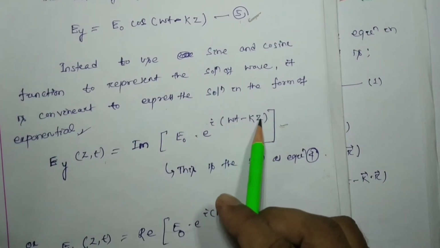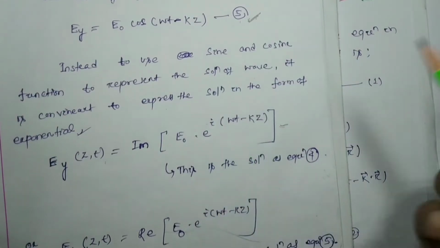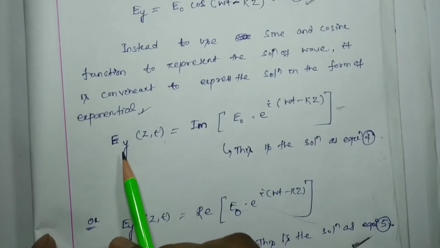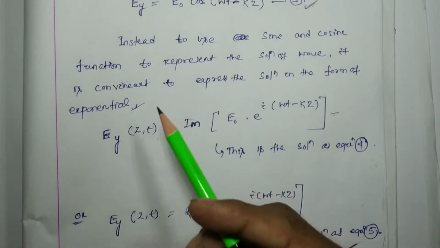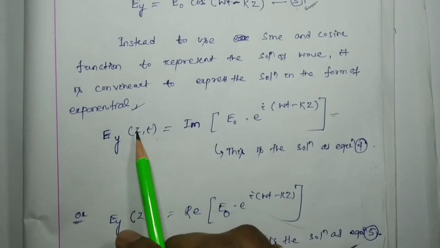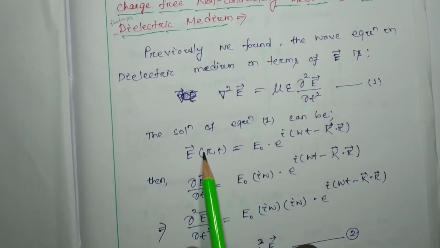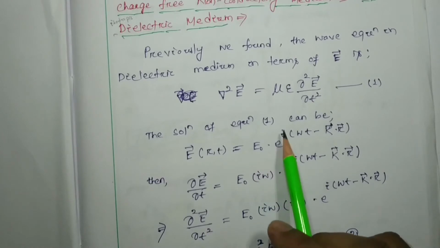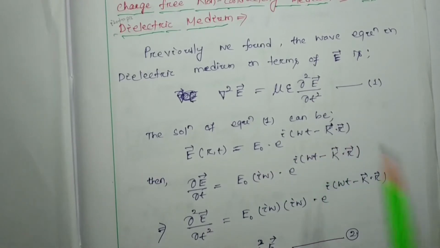Here z is the direction of propagation. But in general in 3D, E being any component, E will be a function of r and t, equal to E0 e to the I (omega t minus k dot r).